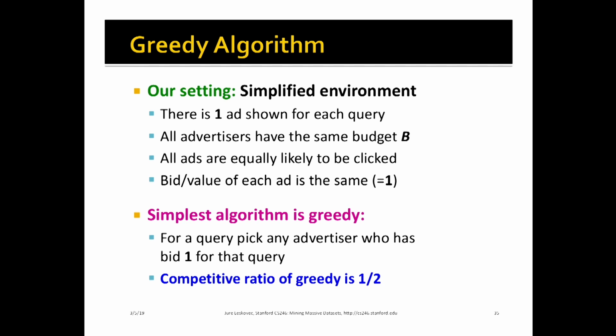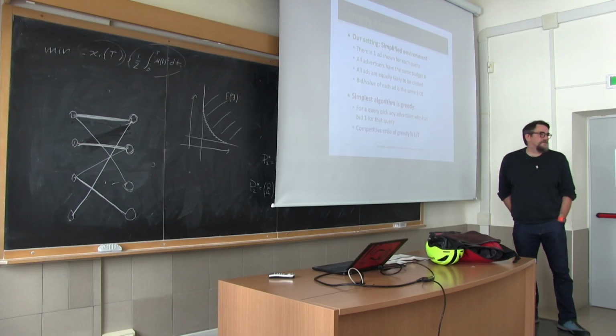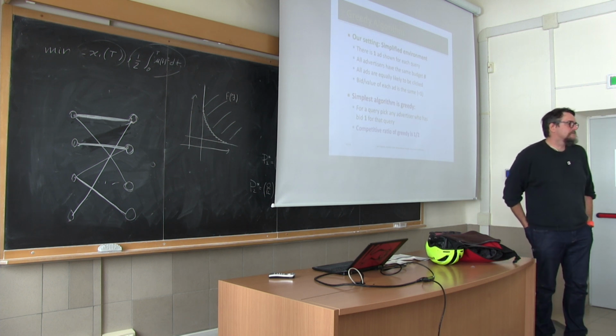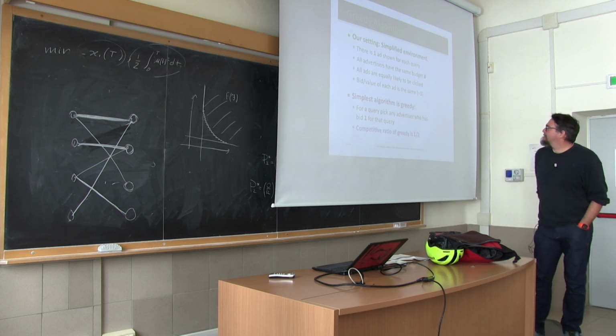All ads are equally likely to be clicked, so I do not have to consider CTR in this particular case. And the bid value is the same for everybody. So it's a very, very simplistic scenario, but that's just to model and understand what's going on.